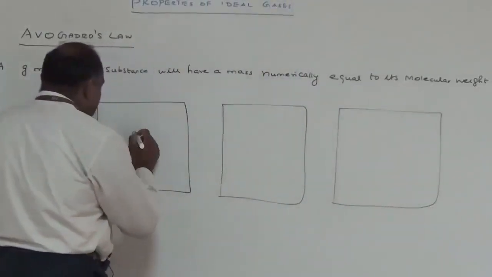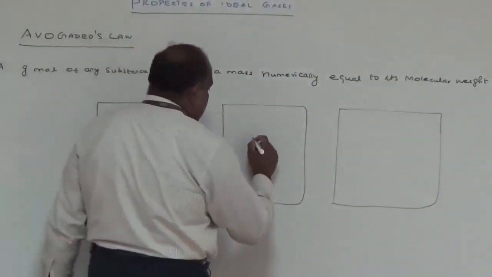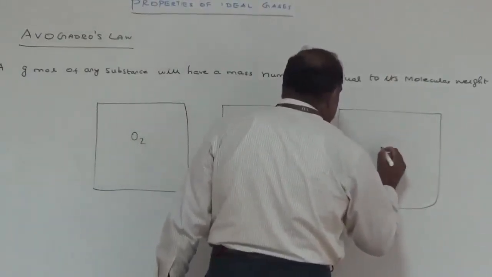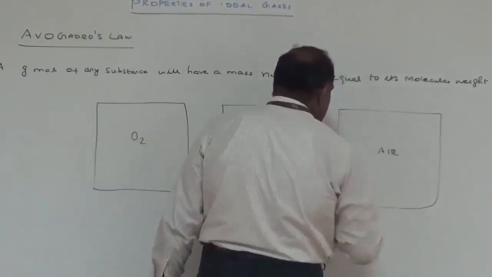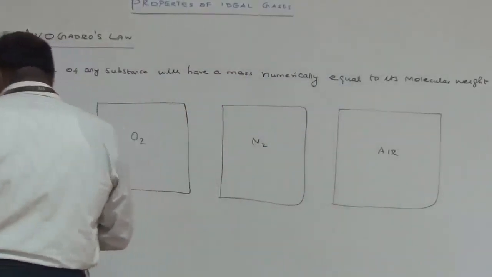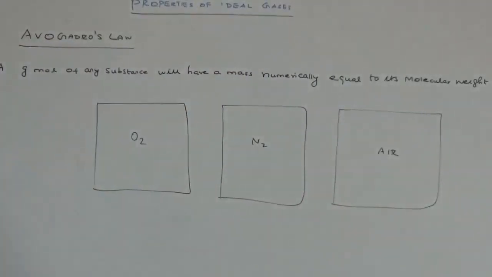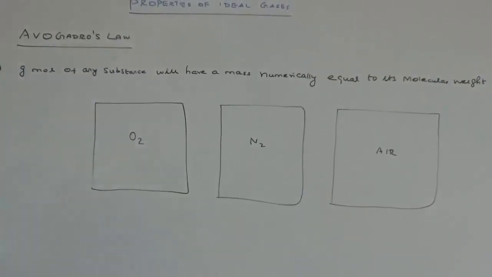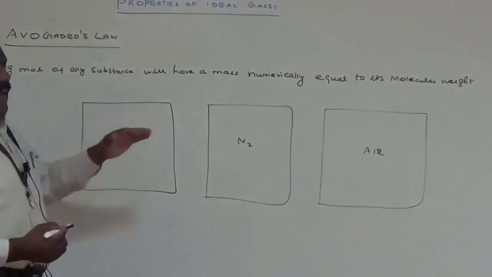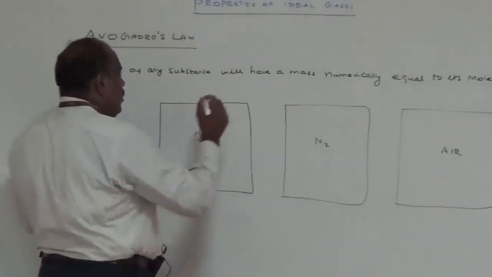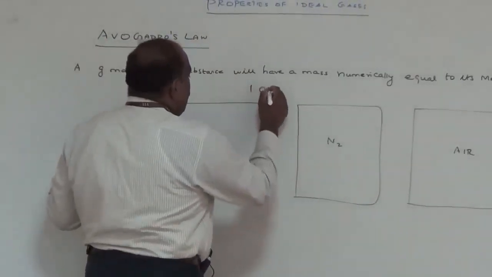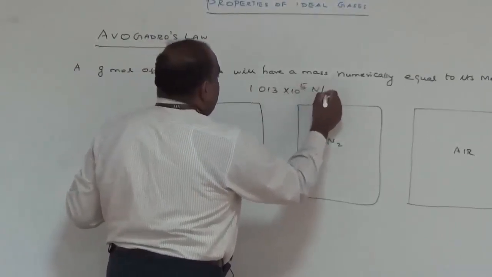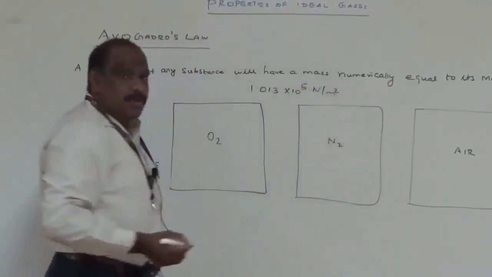Here I am going to put oxygen, here nitrogen, and here air. All of this oxygen, nitrogen, and air are going to be at 1.013 into 10 power 5 Newton per meter square, or 1 atmosphere pressure.